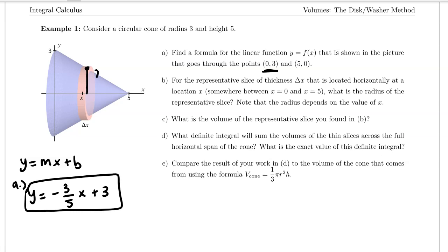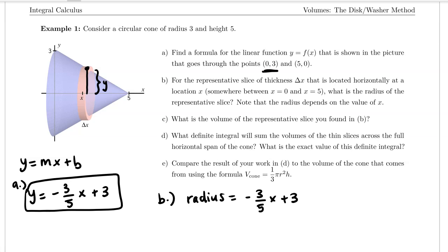And really, this is just the y value. So that's what our radius is. Notice that the radius depends on the value of x. So because it's our y value, our radius is equal to negative 3/5 x plus 3. So essentially, part A and part B are tied closely together.